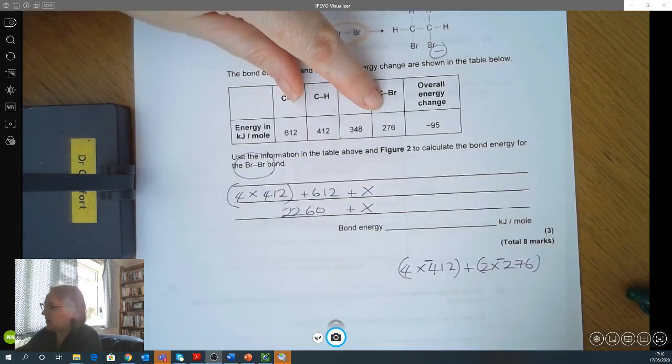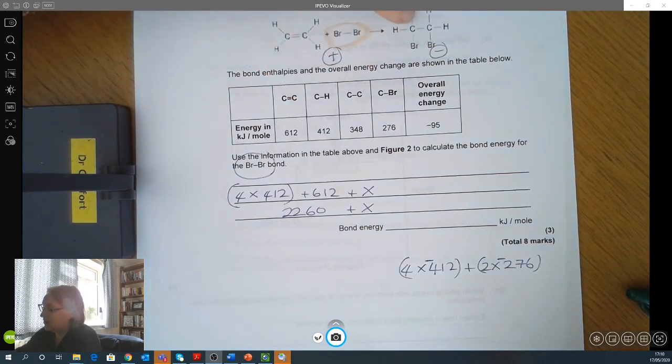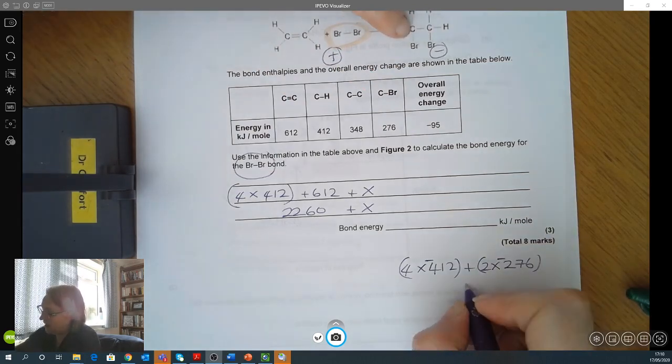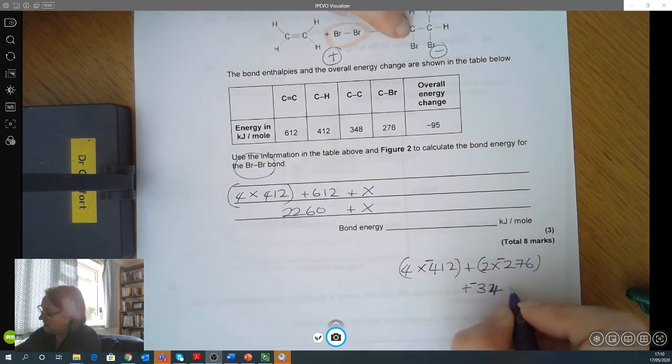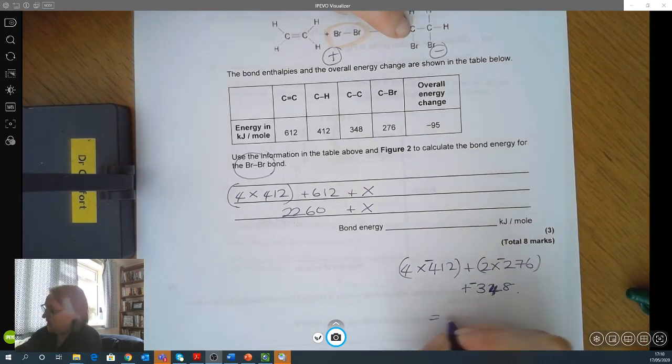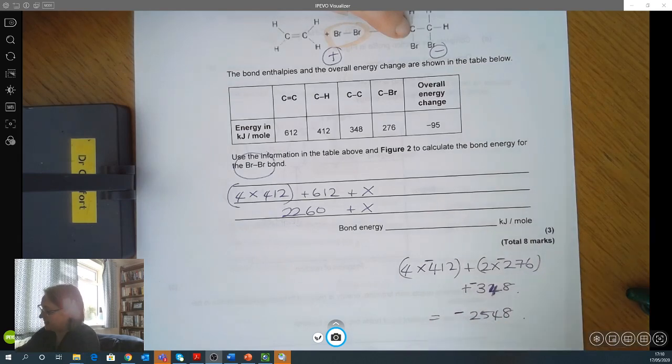You're much better at this than me, I noticed looking at your work. And then I mustn't forget my carbon-carbon bond. It's the one that I always forget. And it's minus, because energy is released when that bond is made. So if I calculate all of that on that side, I end up with minus 2548.